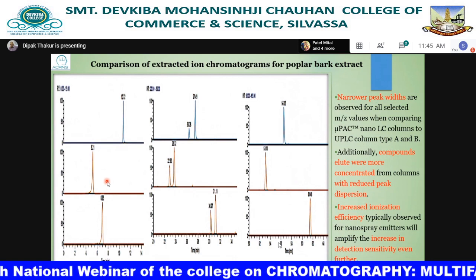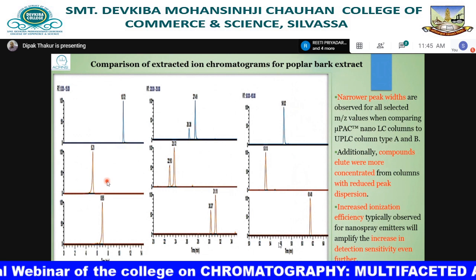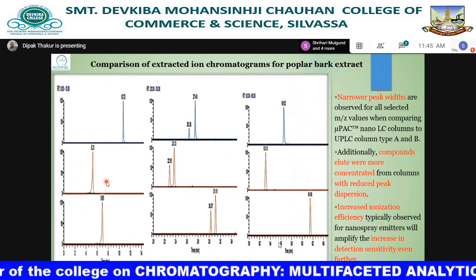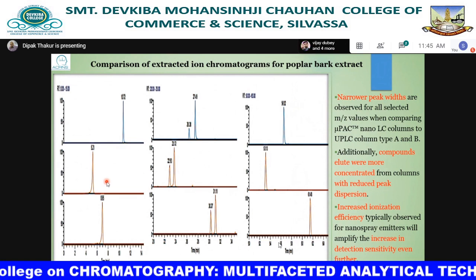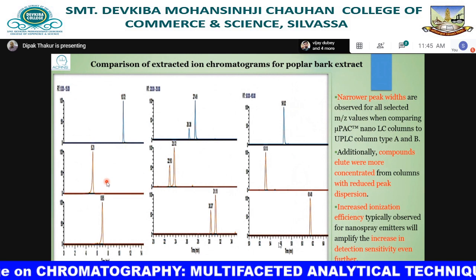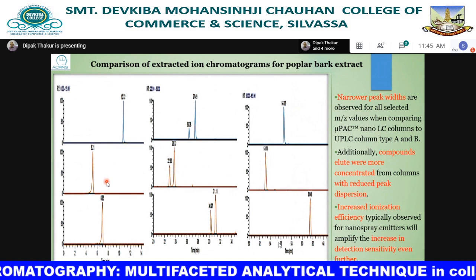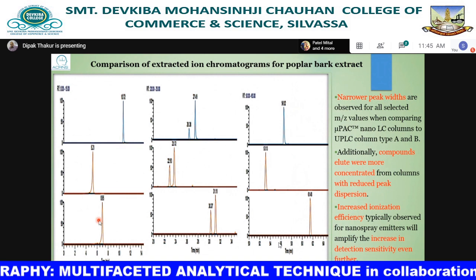Whatever is loaded on chromatography, separated and eluted from the chromatography, everything is entering inside the mass spectrometer. The efficiency of transfer of ions is very high, and because of this, detection sensitivity is also high.